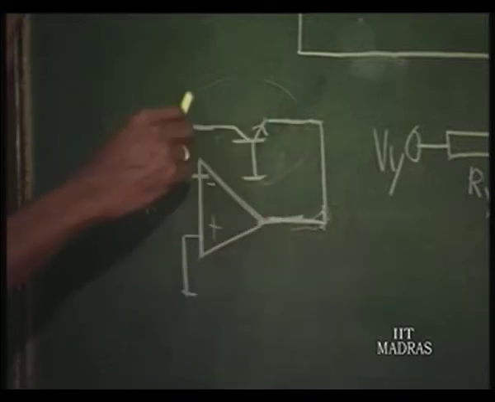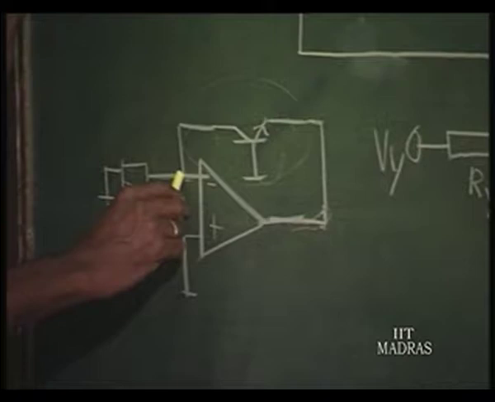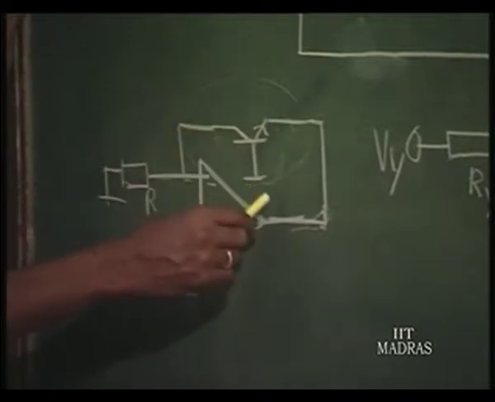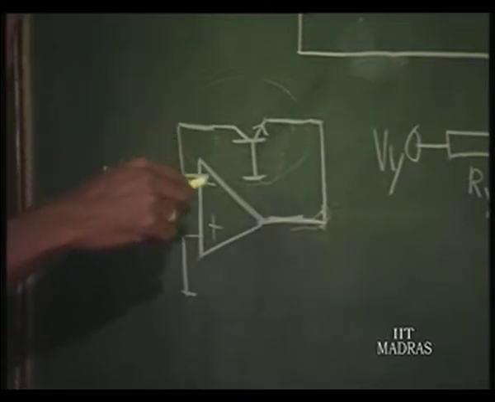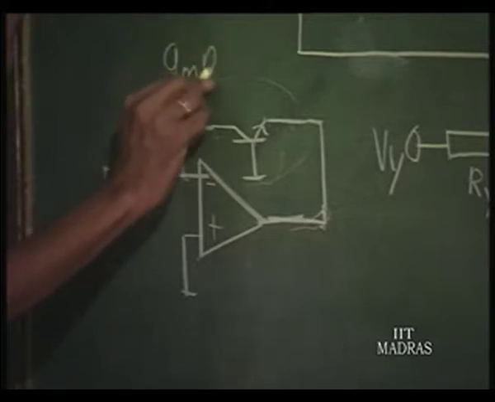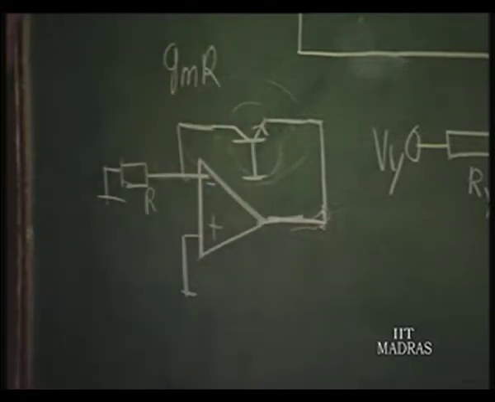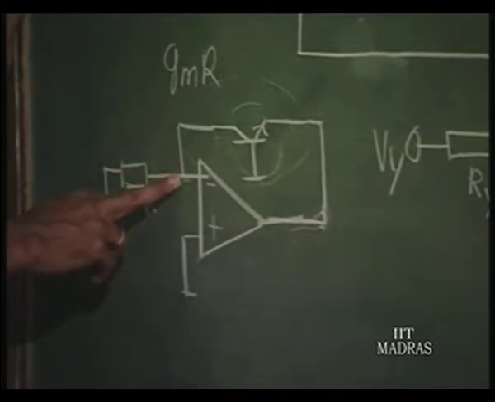Normally passive feedback is used. Here in this case it is active feedback, because feedback factor can be more than 1. So, this feedback factor in this case is nothing but Gm into R, where Gm is 1 over Re of this transistor. This is the gain of this, and there is no phase shift between this voltage and this voltage, which is common base.